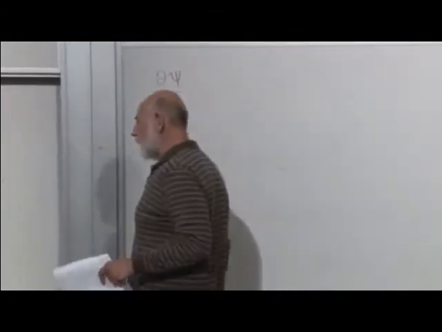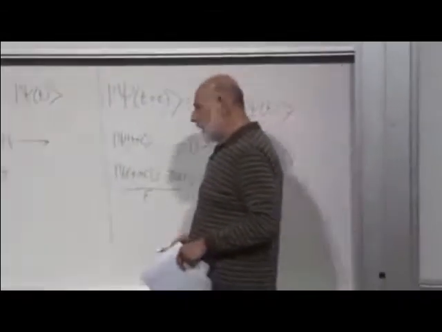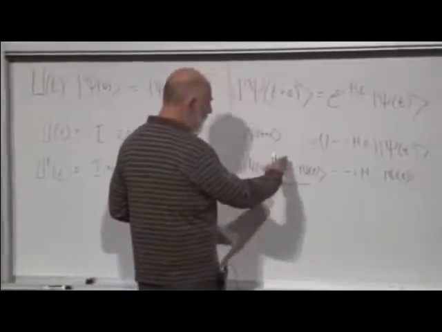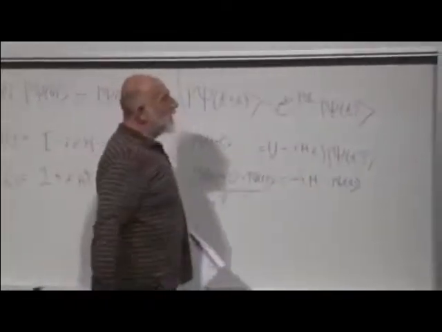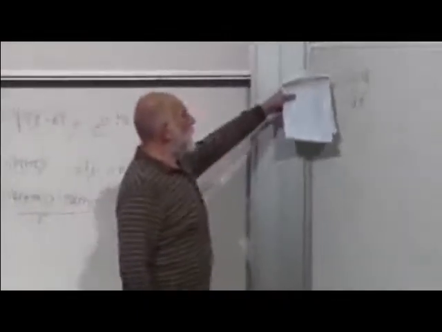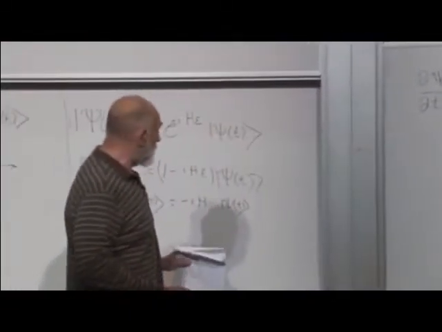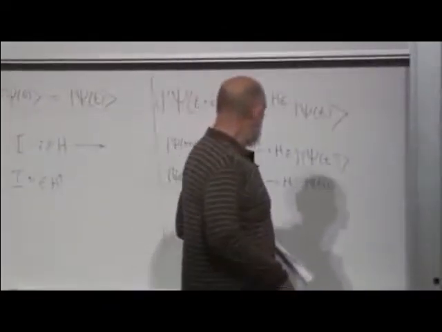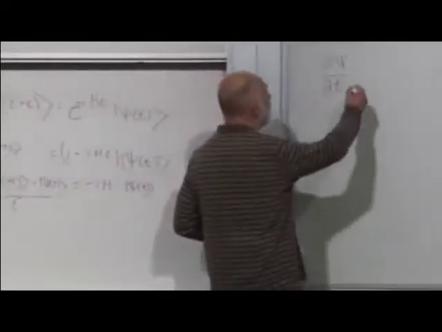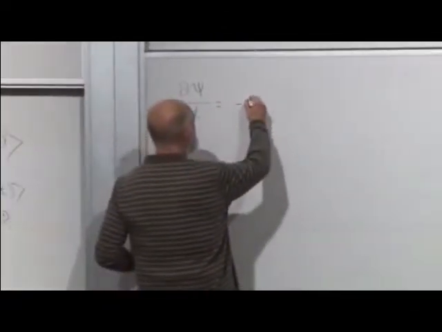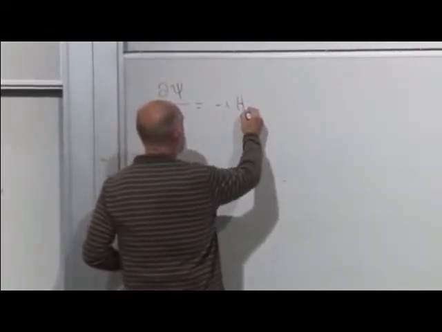I will leave the notation a little bit abused. I won't bother writing the ket vector here. It stands for both the equation for the state vector or the equation for the wave function itself. d psi by dt is equal to minus iH psi.